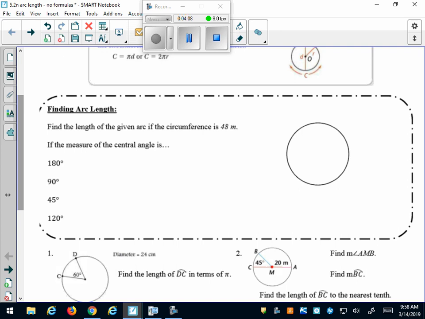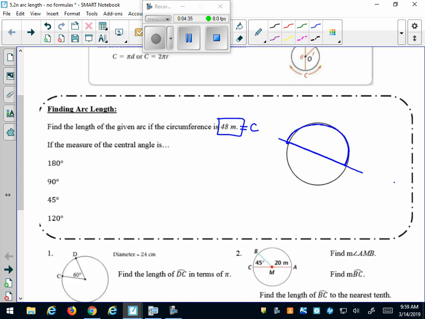All right, so imagine we have this circle, and the circumference of this circle is 48 meters. That's the circumference, 48 meters all the way around. Okay? What if the measure of the central angle is 180 degrees? That's like if I draw the diameter, 180 is a semicircle.